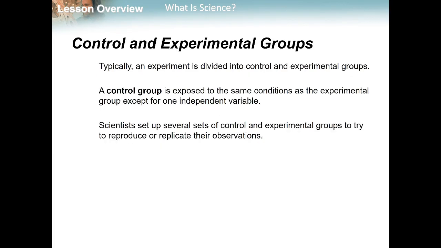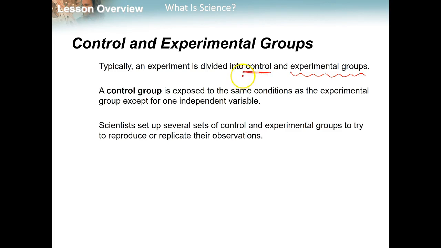So typically here, this is where I said you kind of get this confused. An experiment is divided into a control and experimental groups. So the experimental groups are what you're going to be changing, the amount of nitrogen. In our example, a high amount of nitrogen and a low amount of nitrogen. And we're going to have a control.